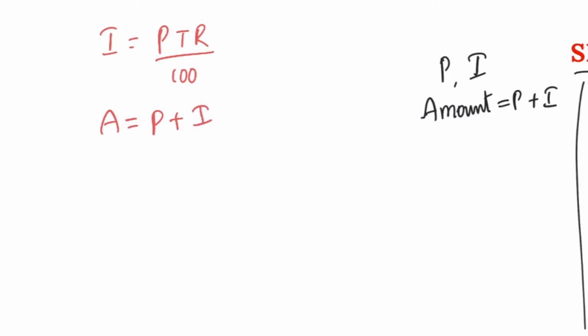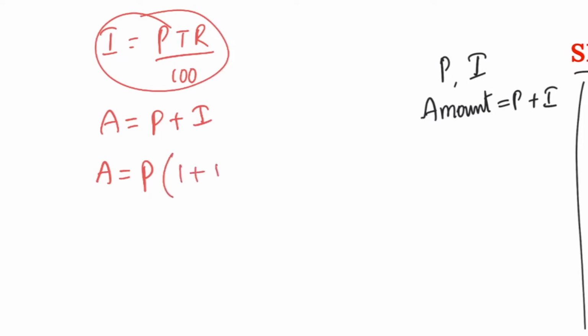Amount is nothing but total value, principal plus interest. So A is equal to P plus I, that is P plus PTR by 100, P into 1 plus TR by 100. You need to remember these two formulas. A is equal to P into 1 plus TR by 100. I is equal to PTR by 100.